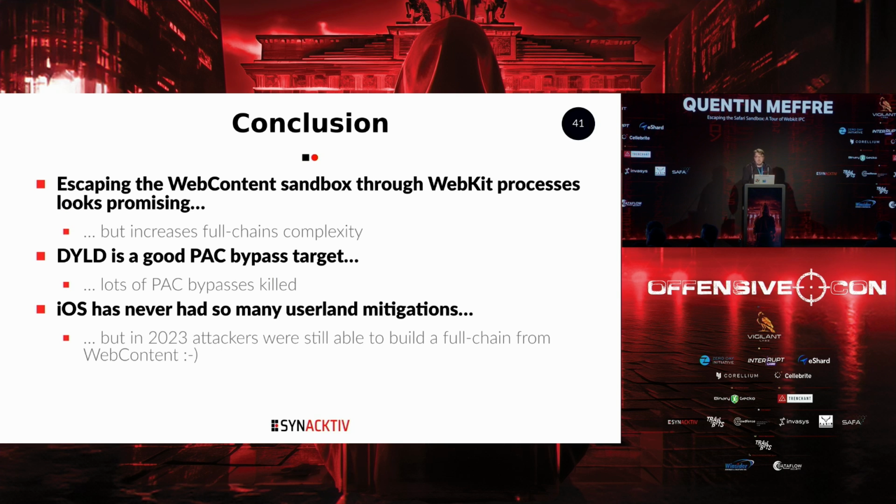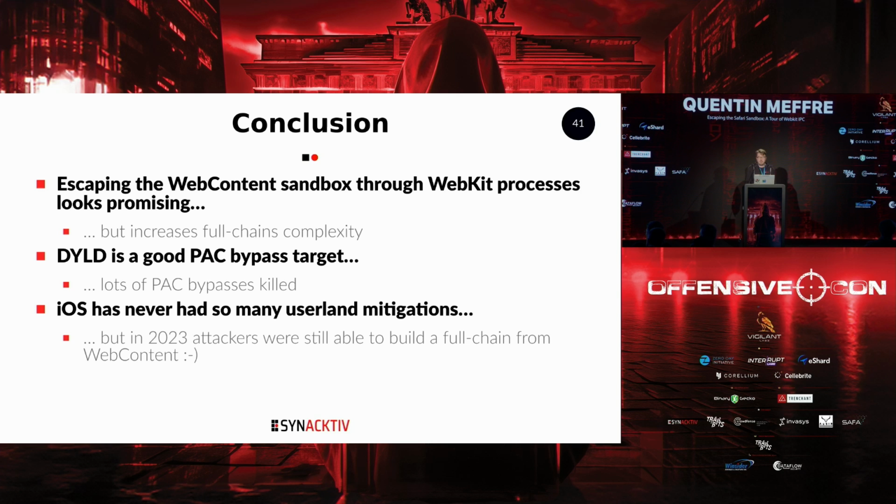So escaping the web content sandbox using the WebKit processes looks promising, but at the same time it greatly increases the full chain complexity, because now the attacker will have to maintain one more stage in the full chain, which is not a very good idea.